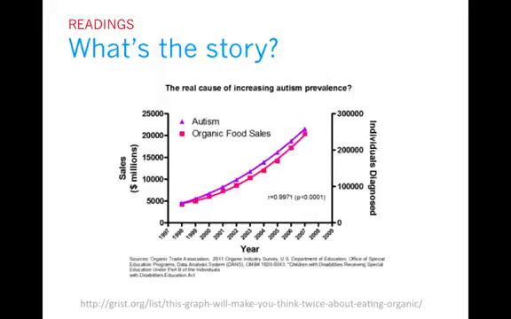So, which means that these two variables are highly correlated. What does it mean? As the title suggests, or asks, the real cause of increasing autism prevalence. The question is, hey, is organic food the reason that causes the increase of autism?